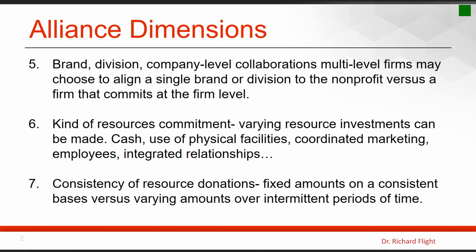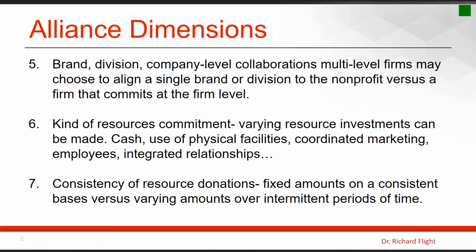Whereas if they are very sporadic, like they only provide a benefit when asked every once in a while, sometimes they do, sometimes they don't, but it's haphazard and there's not a real pattern, then that suggests an inconsistency, and one where the nonprofit really can't plan or use that for-profit in its planning process down the road because they're not reliable or consistent in what they give and when they give. So consistency of resource donations is a seventh type of concept here.